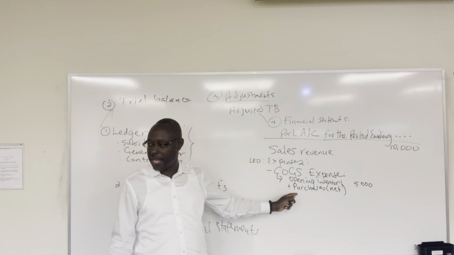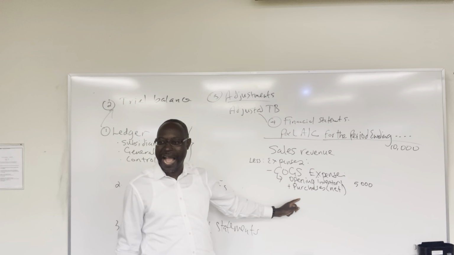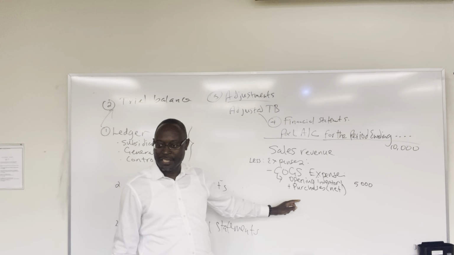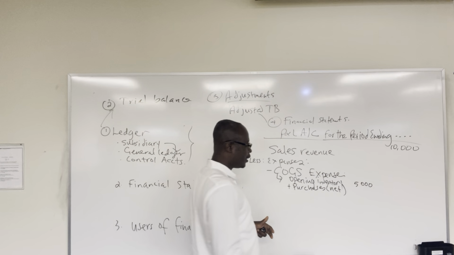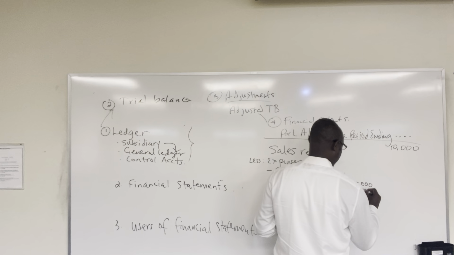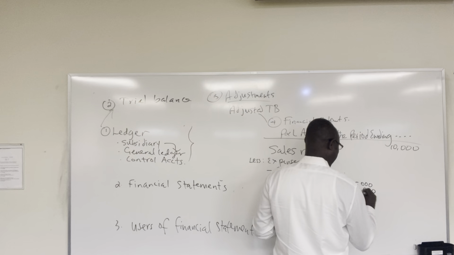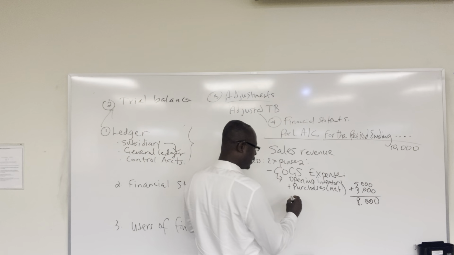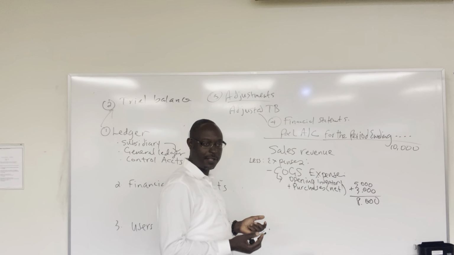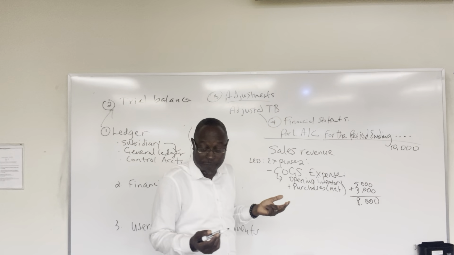So your net purchases, how much stuff did you buy this period, okay? Beginning inventory plus your net purchases. Let's say your net purchases is, let's say, 3,000. So if you add that to this, you're going to get 8,000. We're going to call this the goods available for sale, also called available for sale for simplicity.